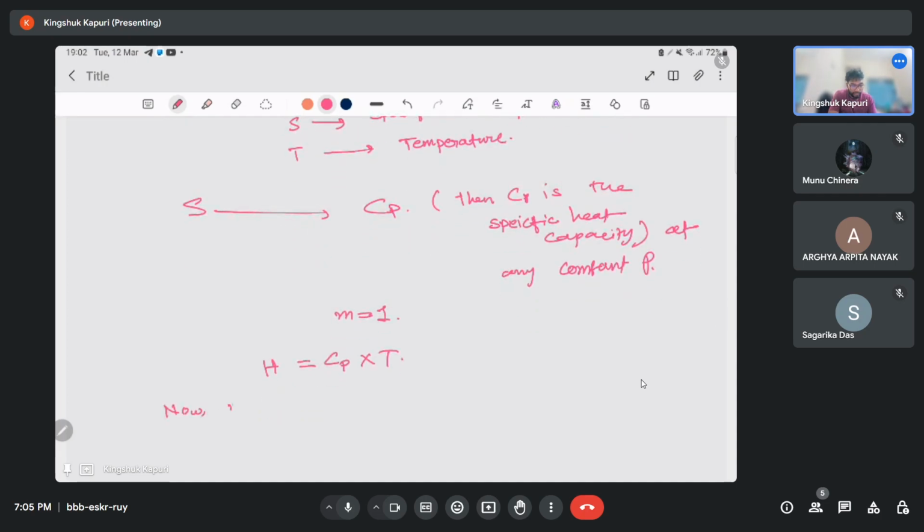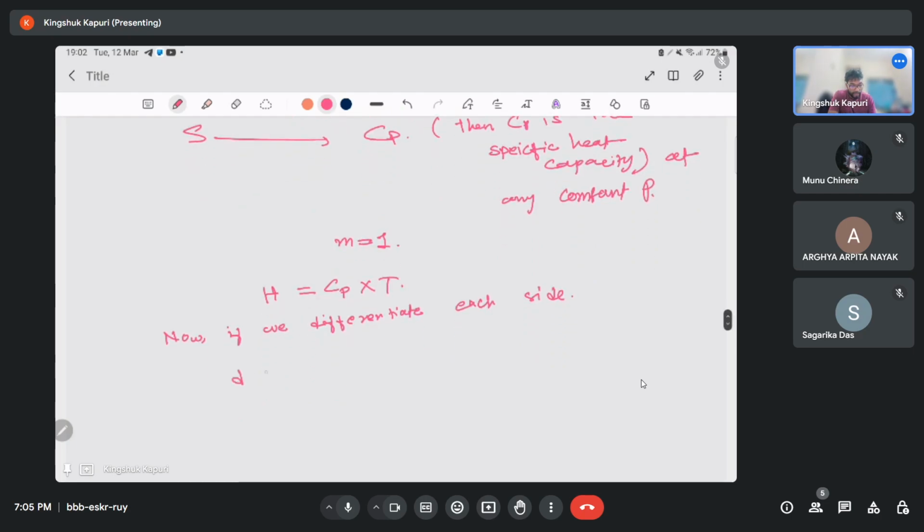Now if we differentiate each side, dH equals Cp into dT, where dT is a very small change in temperature, right?